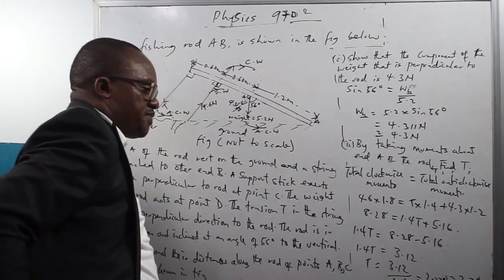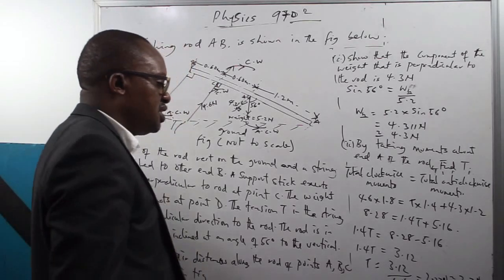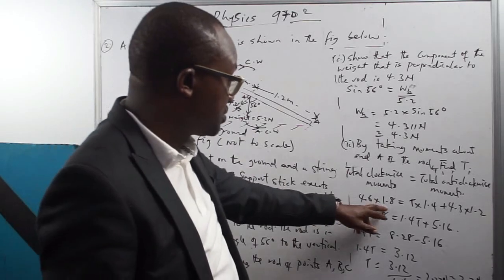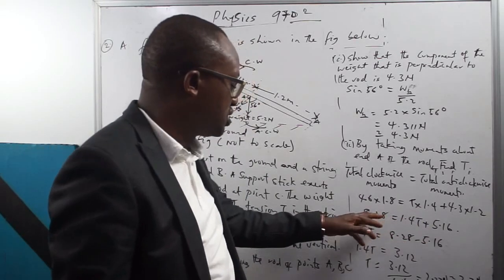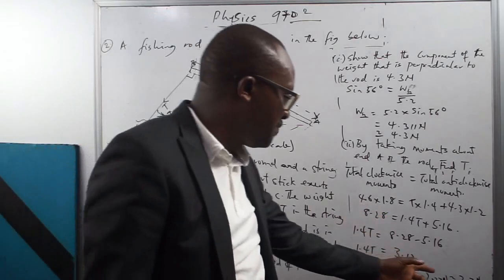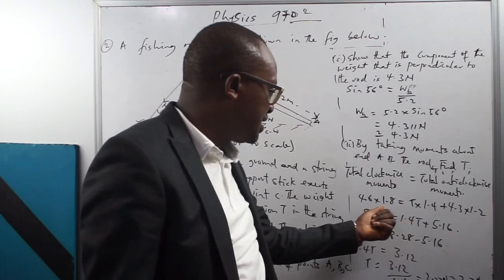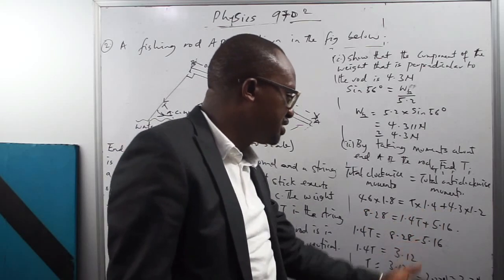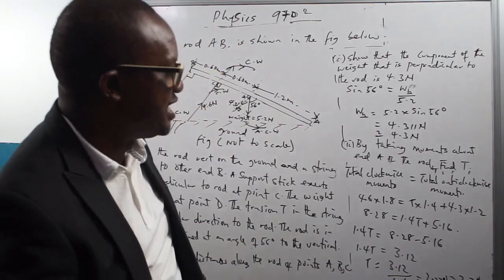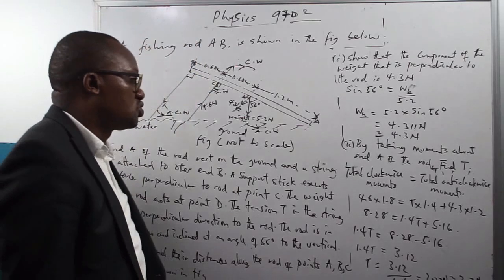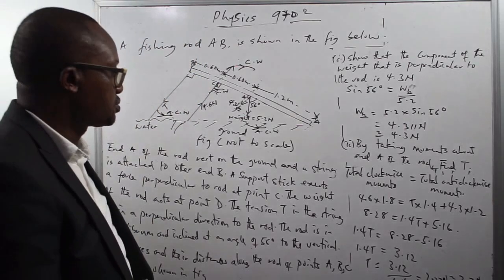Why is it appropriate to round it up to two significant figures here? Because the constituent readings are in two significant figures. So when you need to round, you round to the same number of significant figures as the value that has the lowest significant figures, which in this case is 2. So that is 2.2 newtons.